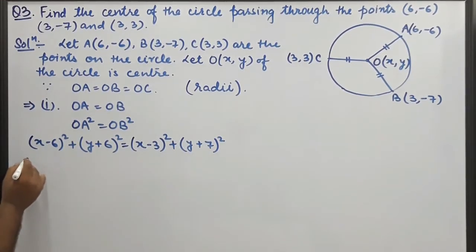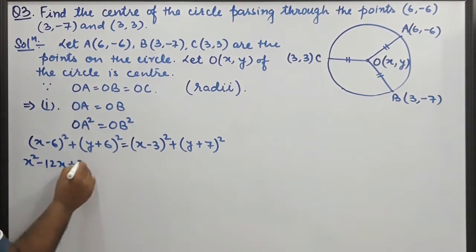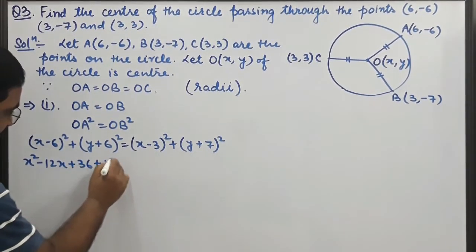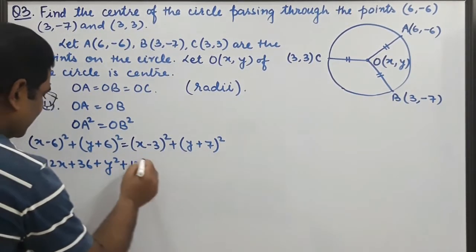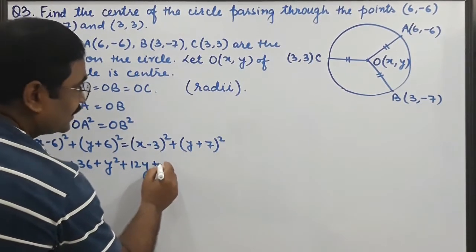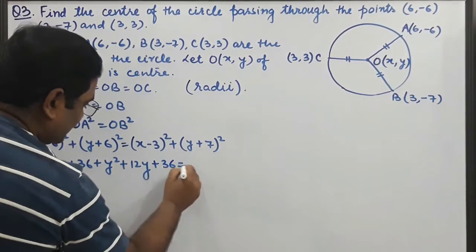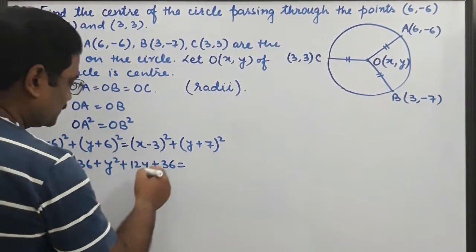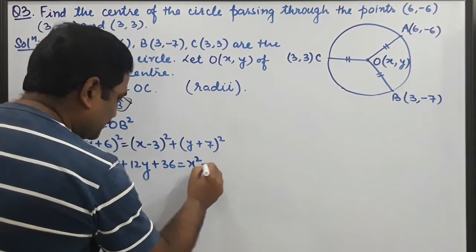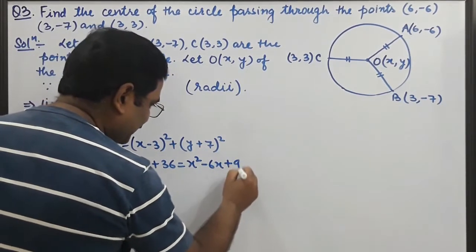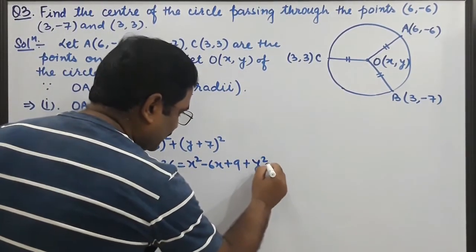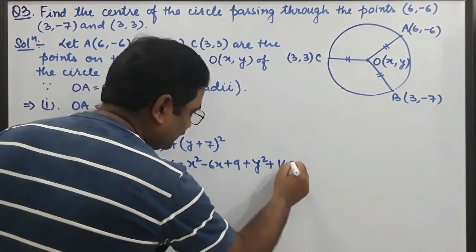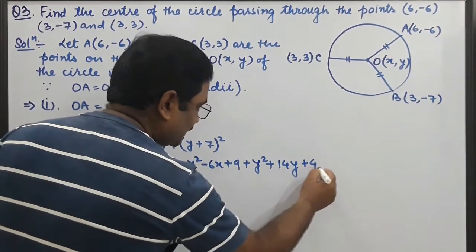You will get x square minus 12x plus 36, y square plus 12y plus 36 equals, similarly, (a - b) whole square, this is x square minus 6x plus 9 plus y square plus 14y plus 49.